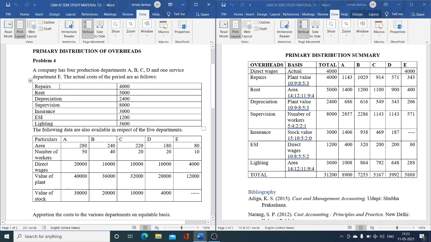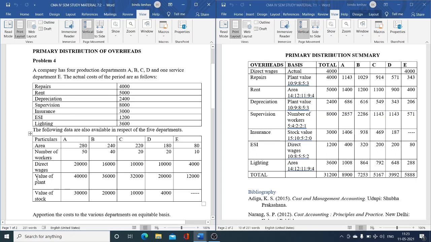Now repairs is based on the value of plant. Rent is based on the area occupied. Depreciation is based on the value of plant. Supervision is based on the number of workers. Insurance, so when you have this information about insurance, we'll have to be careful.